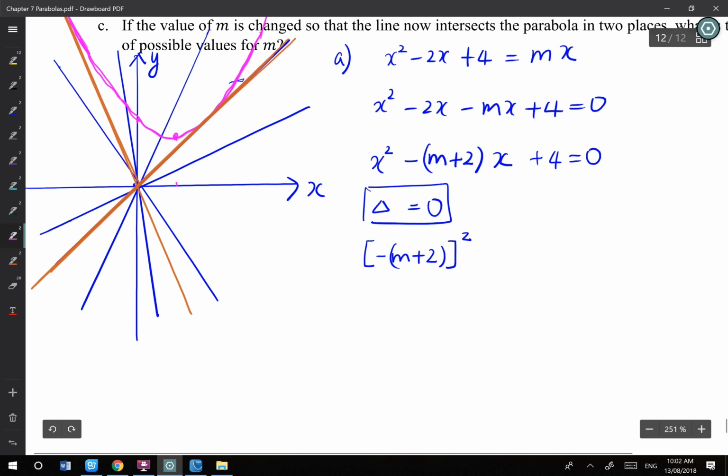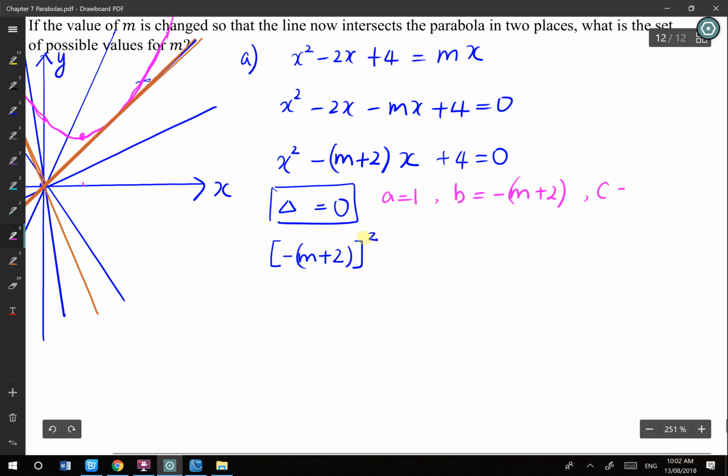I will write a equals 1, b equals minus m plus 2, with the bracket, and c equals 4. Those are the a, b, c values. So minus 4 times a times c, that equals 0.